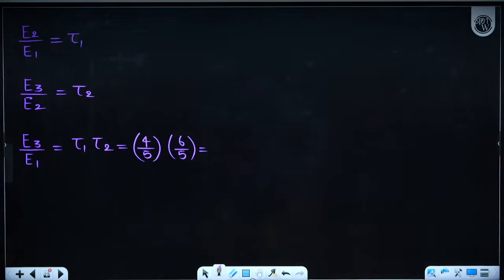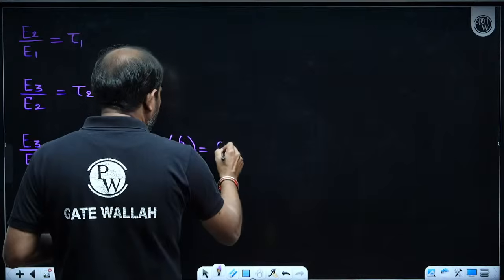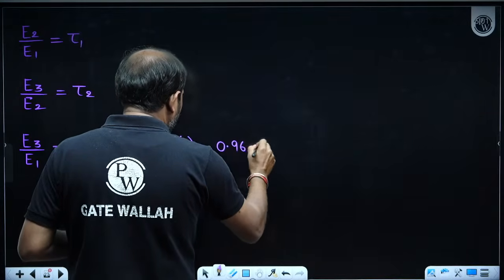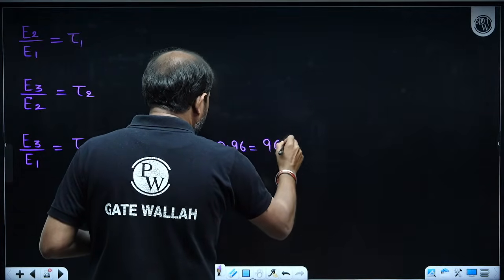It's a very good question. So 4 divided by 5 is 0.8, into 1.2, into 0.6, 0.8. It will be 0.96. That means how much will it be? 96%.